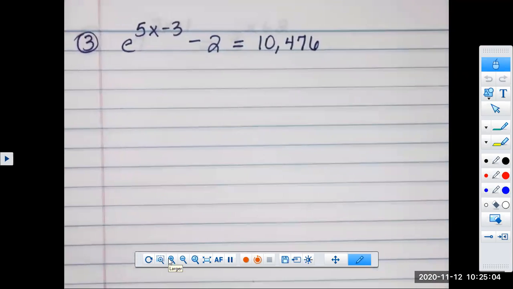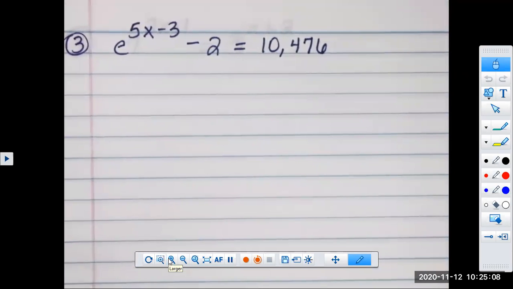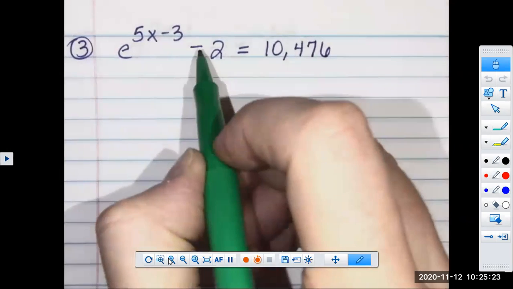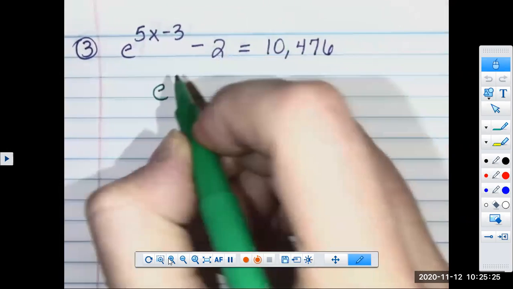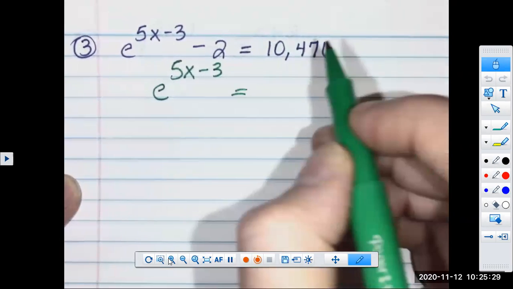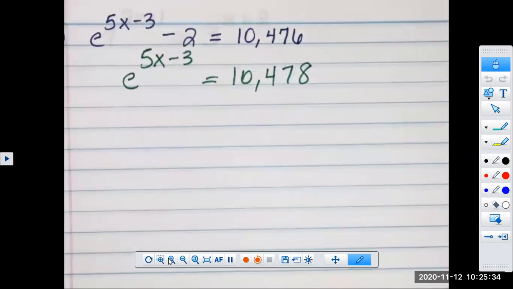Okay, in number 3, what's the first step that you need to do? You always need to isolate your base and your exponent as much as possible on either side. So add 2, and you get e to the 5x minus 3 equals 10,478.